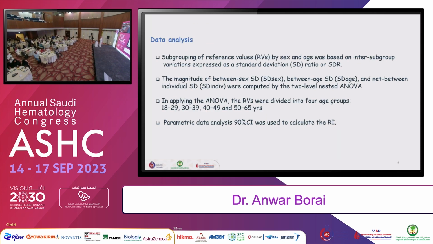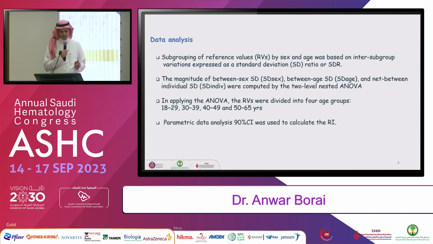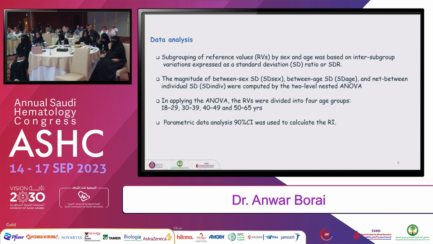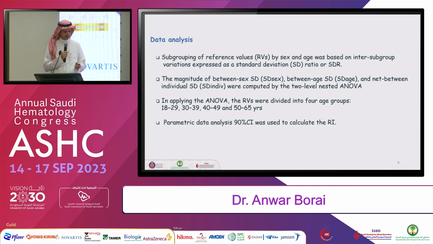Subgrouping depended on the standard deviation ratio, and we used ANOVA to categorize our groups according to age. We used parametric data analysis with a 90% confidence interval to calculate the reference intervals in our Saudi population.